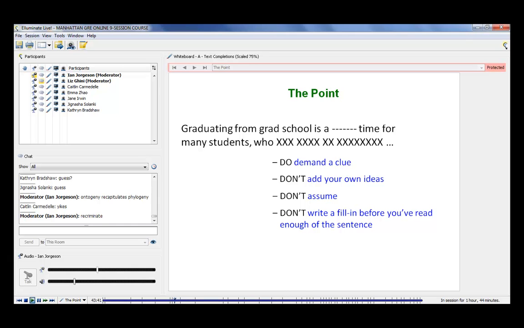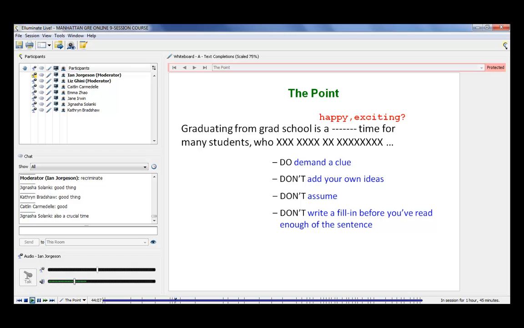So your own personal bias, what do you think happens when people graduate from grad school? Is this a good thing or a bad thing? So probably we would be looking for something like, it's a happy time, it's an exciting time, it's a wonderful time, it's a time for a sense of achievement and accomplishment.